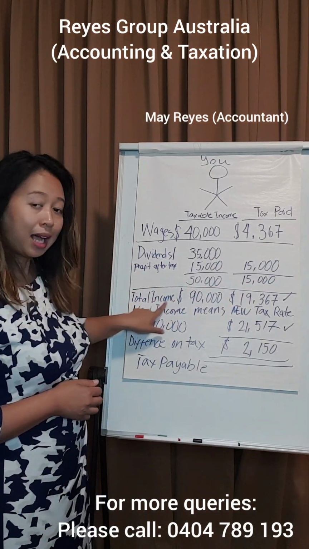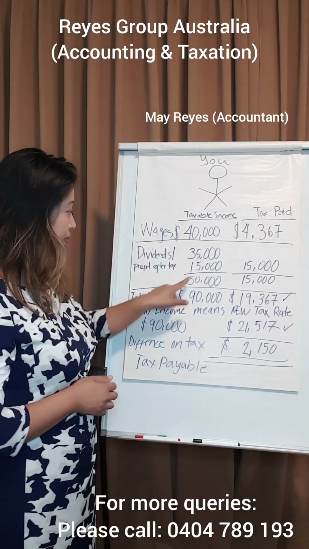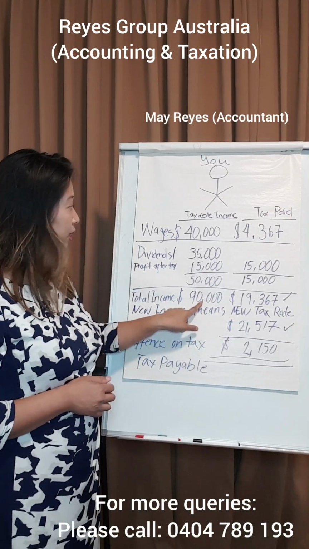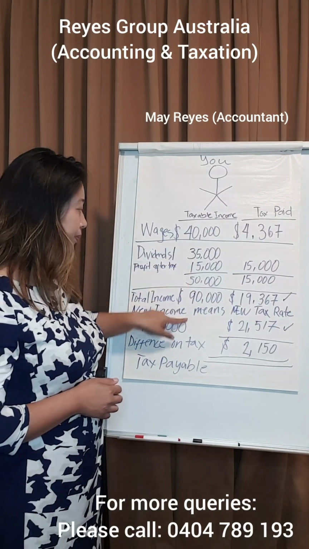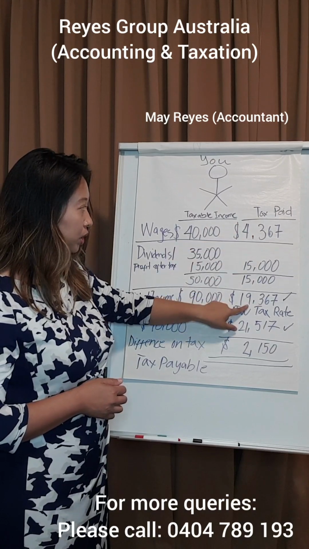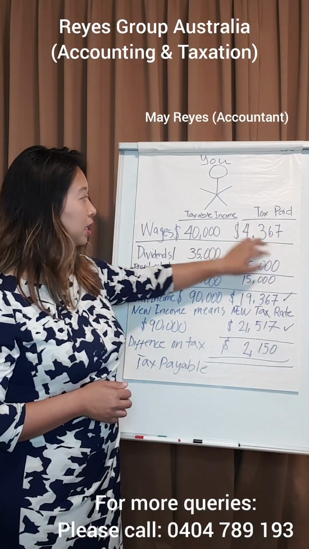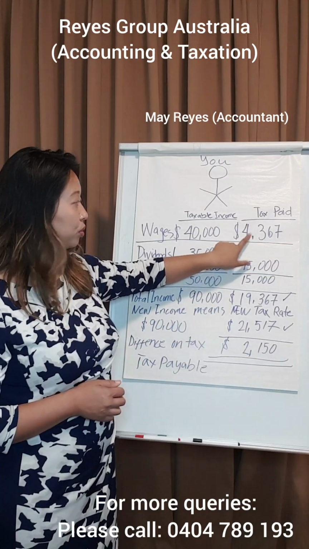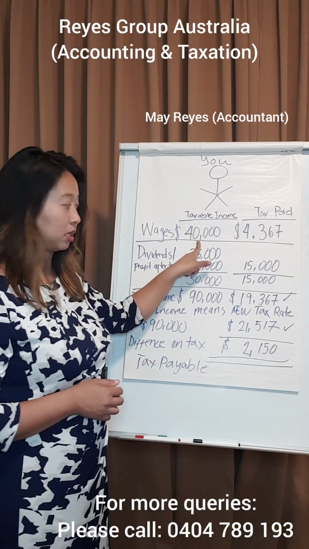The total taxable income that you will have now is 90,000, and that is 40,000 plus the 50,000. And how much is the total that you paid to the tax office? This is your withholding tax, 4,367, by having wages of 40,000.